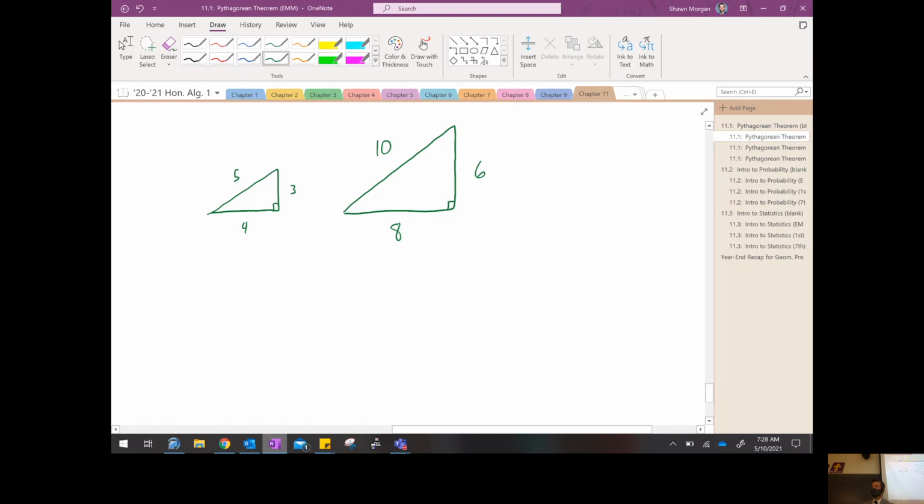Are those two triangles congruent? No. Their sides don't equal each other. They are not identical. That's what congruent means. It means it's the same exact. What do you think similar means? Same shape, different size. Same shape, different sides. Okay.